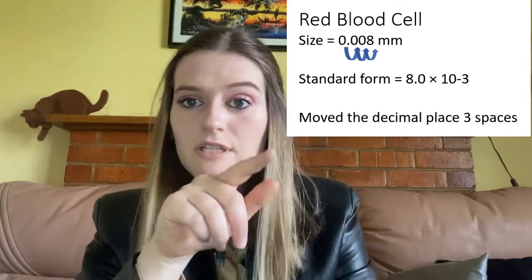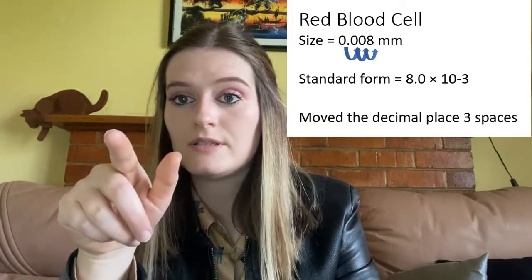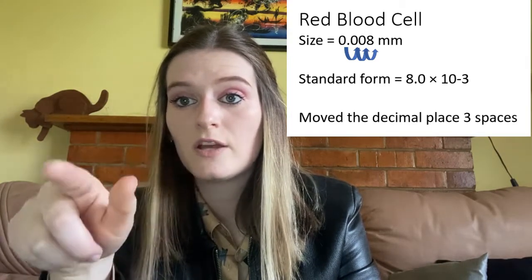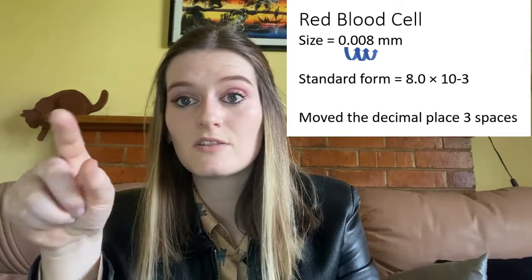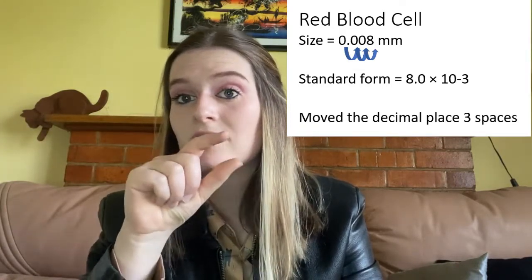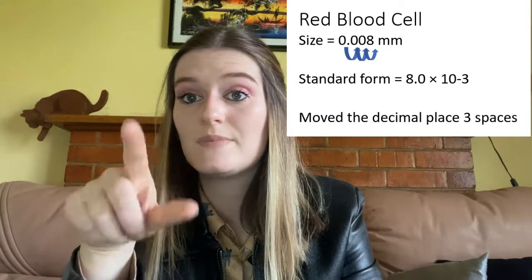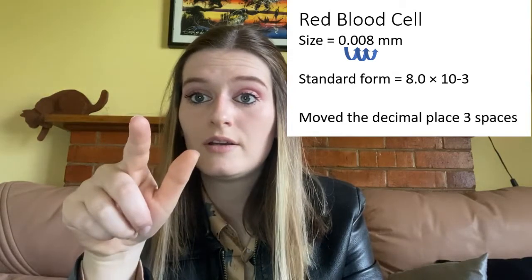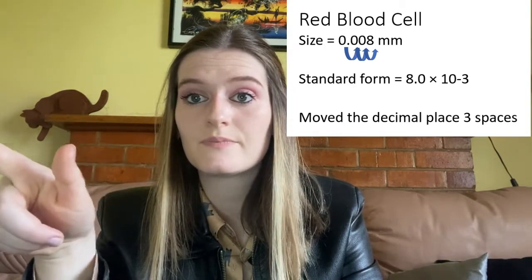Because you see, we have 0.008. If we move that decimal place 1, 2, 3 spaces, because we want our 8 to be at the start, then we get 8.0 times 10 to the minus 3, and 3 because we moved it 1, 2, 3 spaces.